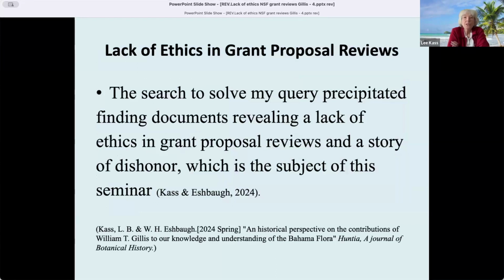So the search to solve my question precipitated finding documents revealing a lack of ethics in grant proposal reviews and a story of, to our horror, dishonor, which is the subject of this seminar.